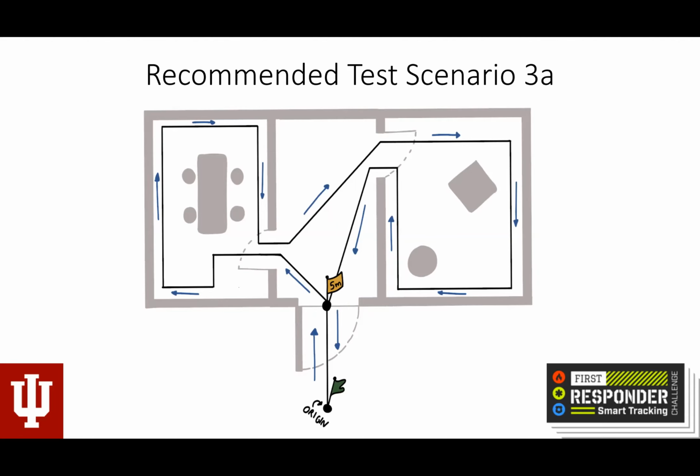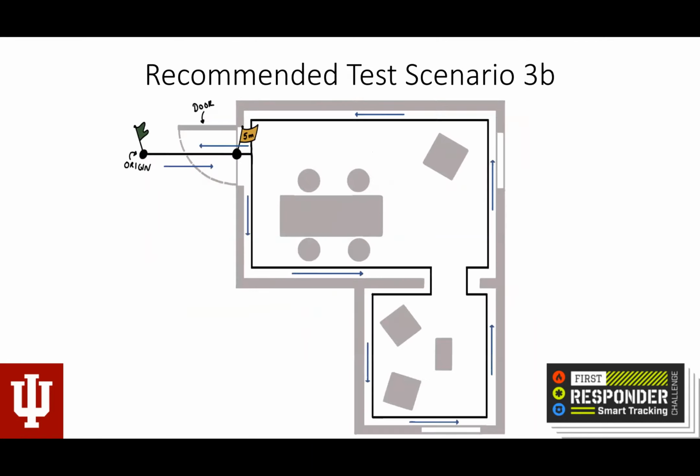We are asking you to start 5 meters outside of a building, walk into a room inside that building and walk the perimeter of the room, exit that room and enter another room and walk the perimeter of that room, and then exit the building and go back to the origin. And then we're asking for multiple laps of that scenario just to see how well you can track starting outside and going inside. And so this is another similar scenario or a different possibility for this particular trial.